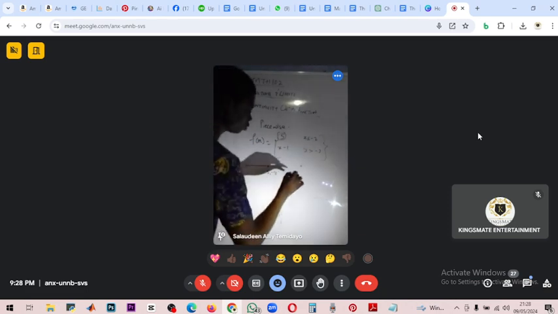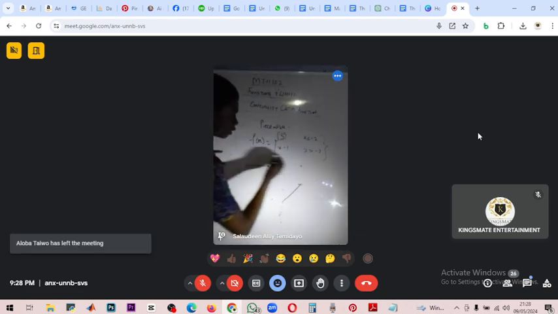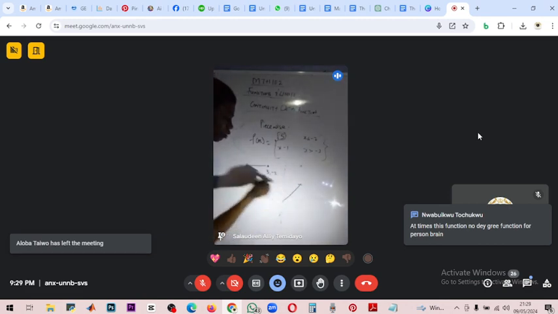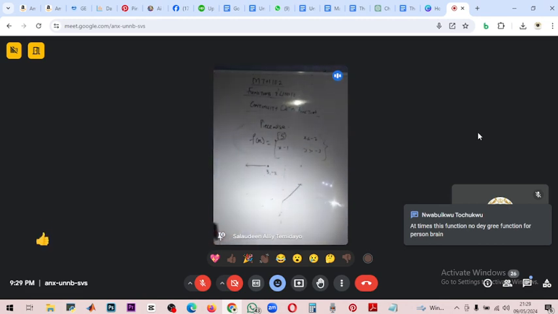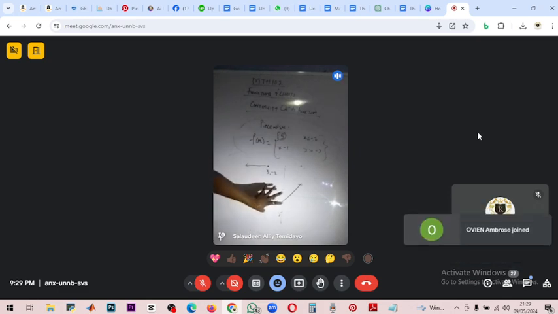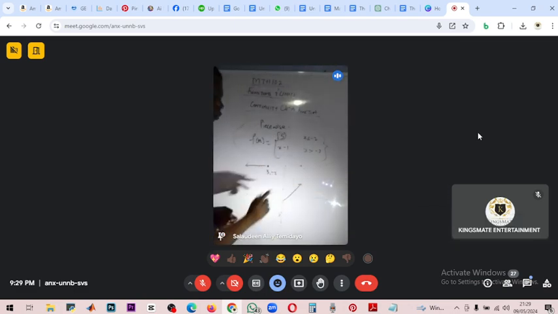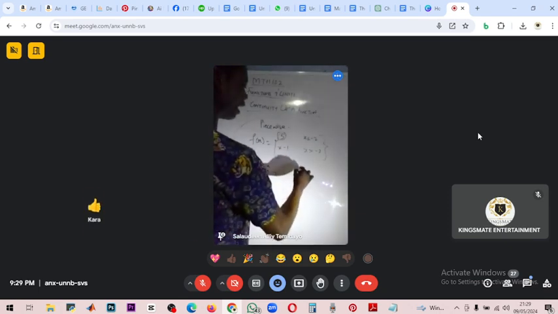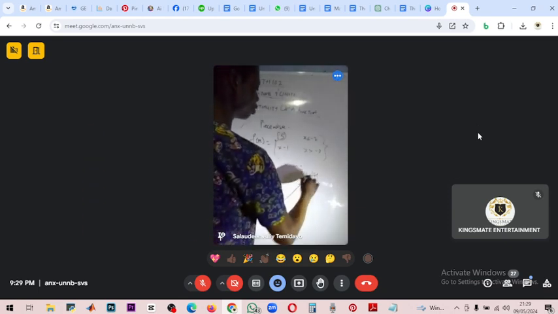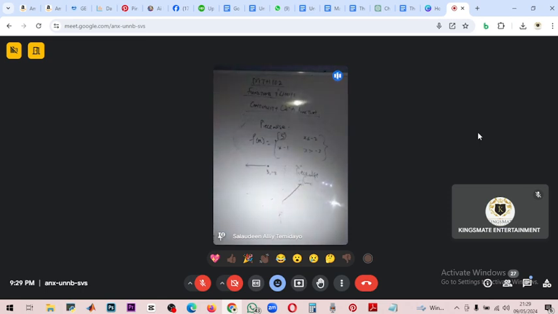But this is one graph containing two different functions. We will collectively call the function of this graph a piecewise function. We will not say there is one function inside it and another function. We just call it together a piecewise function. That's what we mean by a piecewise function. Great.